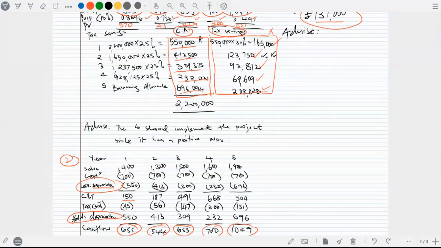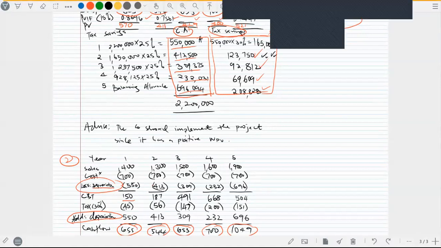Let's see a question here that is asking us to get an NPV. Yeah, here it is. I'm sure this is a hard one.